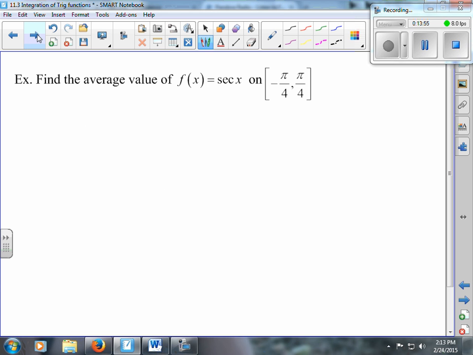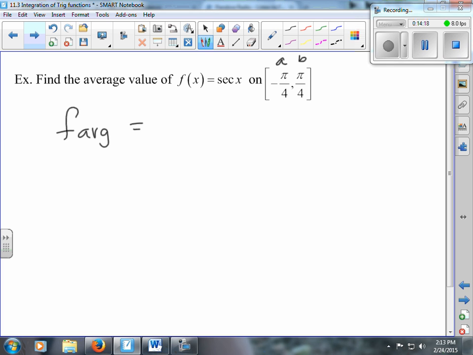Okay. Now I just have a couple more examples. This example says, find the average value. It's been a while since you knew what the average value is. There's a definition for average value. What is the definition of the average value of f on an interval AB? Let's see if you can remember that.